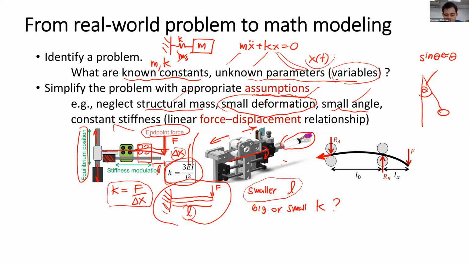When we have the left pair of rollers, and we have a right pair of rollers, and we have a spring material, for the ideal cantilever, at this point, it needs to be 90 degrees.